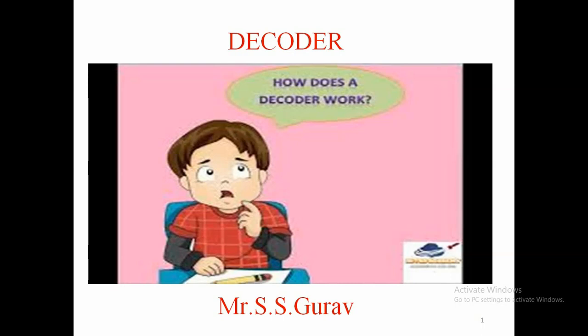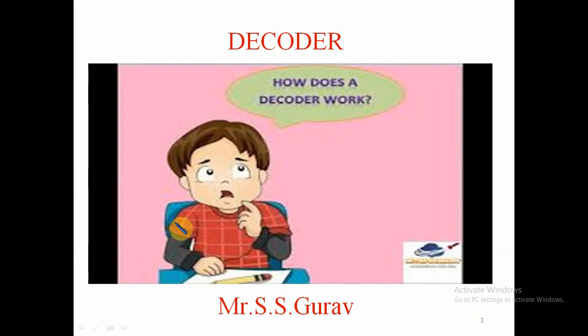Decoder means to translate or decode the coded information from one format into another. So a digital decoder transforms a set of digital input signals into an equivalent decimal code at its output.